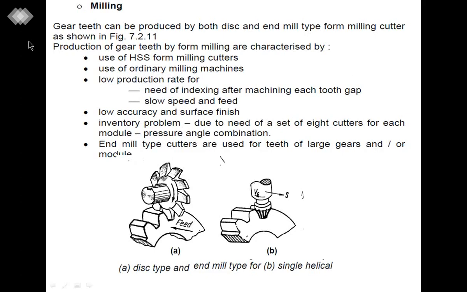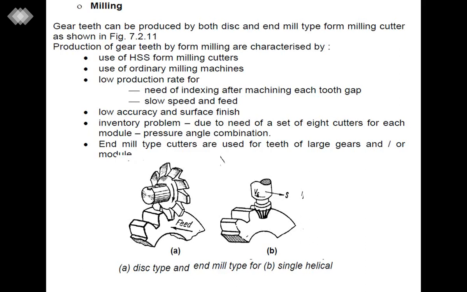Gear teeth can be produced by both disc and end mill type form milling cutters, as shown in this diagram. Production of gear teeth by form mill cutting is characterized by the use of high speed steel, that is HSS, form milling cutters. They use ordinary milling machines. They have a low production rate due to the need for indexing after machining each tooth gap.